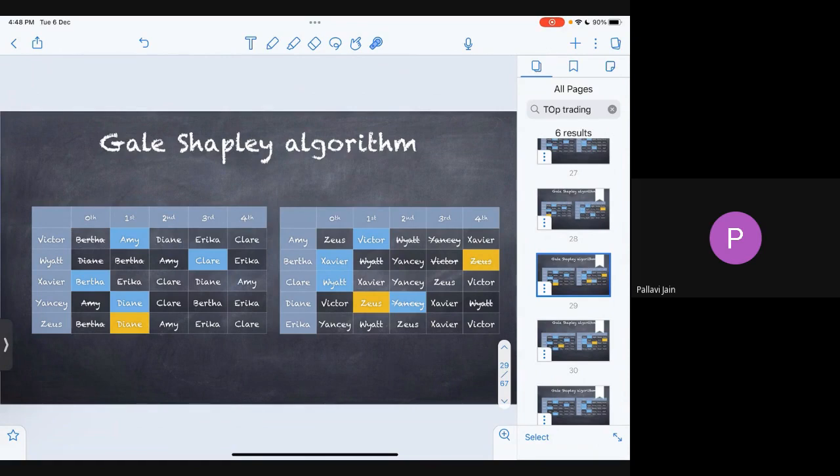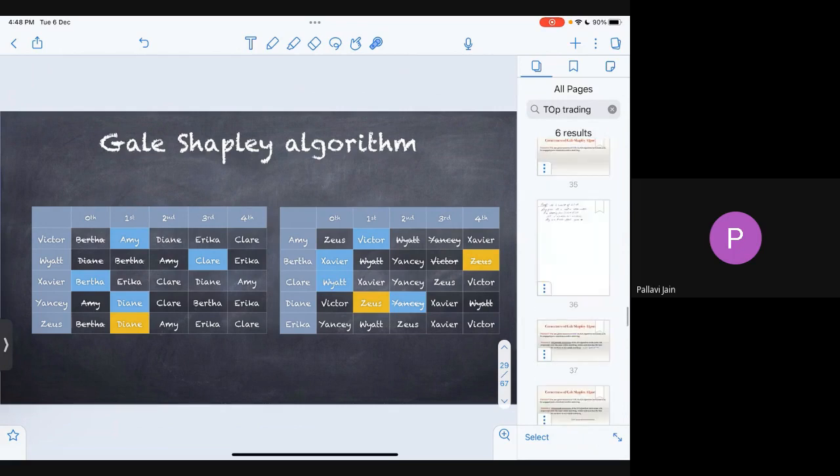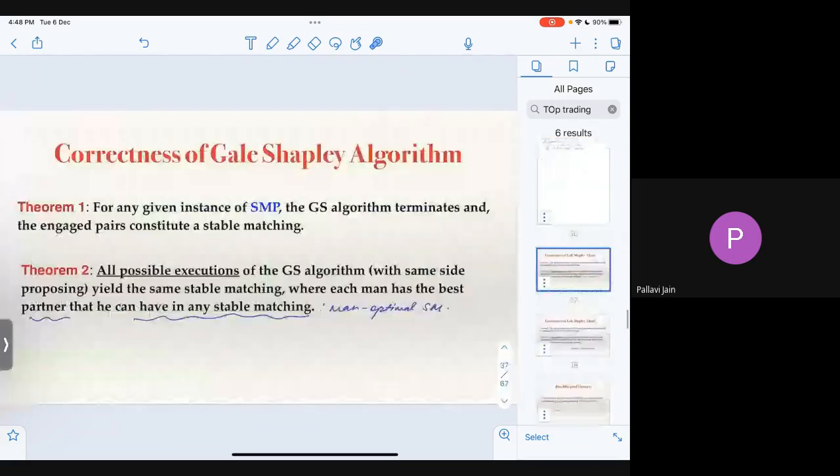So this is a very remarkable result. If I knew what everybody's optimum stable partner was, and I just matched them, just picked those edges, the set of edges I get is actually a matching, and not only is it a matching, it's also stable.